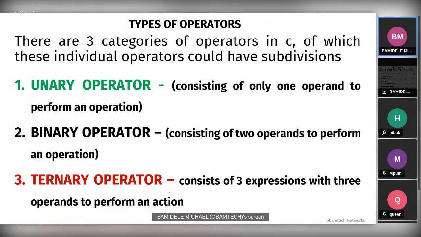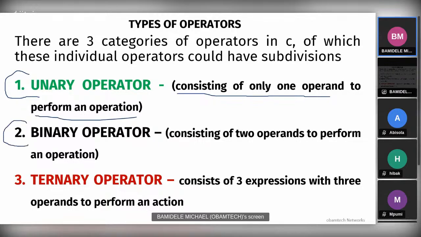Now, categories of operators or types of operators. There are three basic categories of operators in C, and this is necessary to give a foundation. Now we have the unary operator. What does this mean? An operator that consists of only one operand to perform an operation. Then we have the binary operator, which consists of two operands to perform an operation.